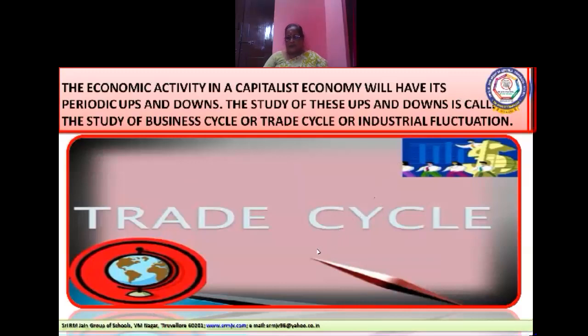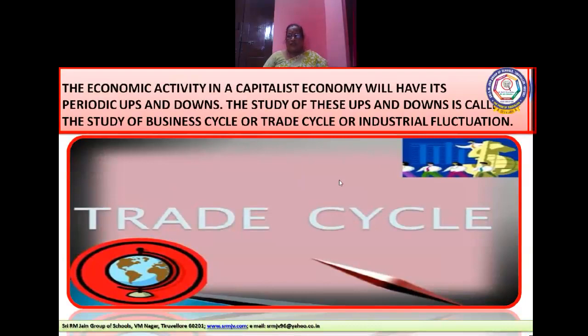The study of these ups and downs is called the study of business cycle, or the study of trade cycle, or the study of industrial fluctuations. The meaning is the same. Ups and downs may be called industrial fluctuations.